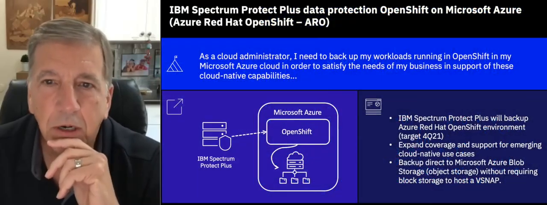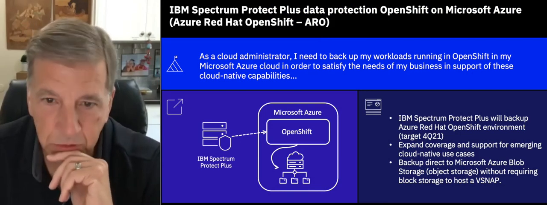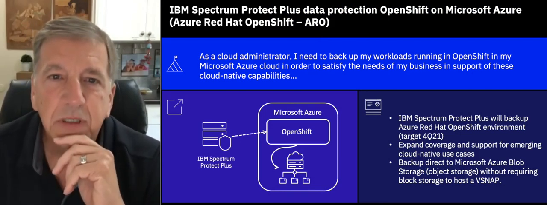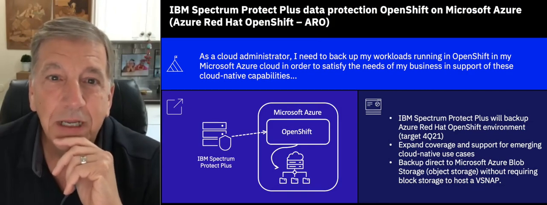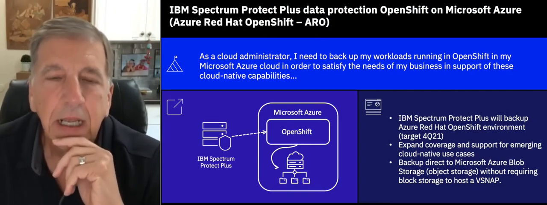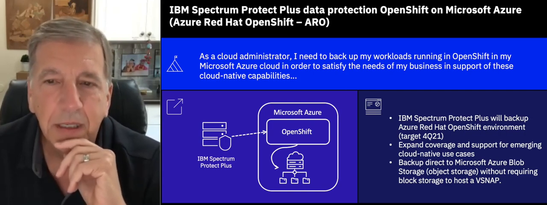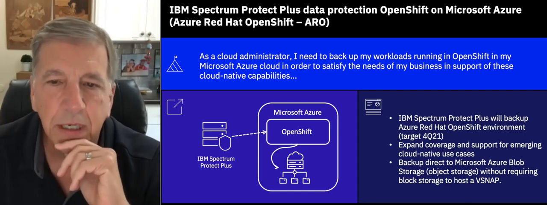We're introducing public cloud support, and specifically Microsoft Azure is where we're targeting our initial support, to be able to protect Red Hat OpenShift workloads running there, using Red Hat ODF storage as the storage layer. And then we want to rapidly build out that support to other public clouds.